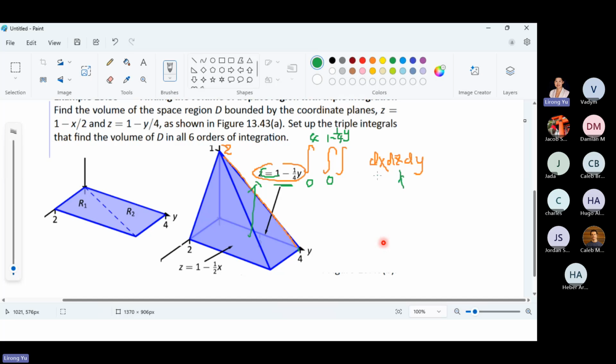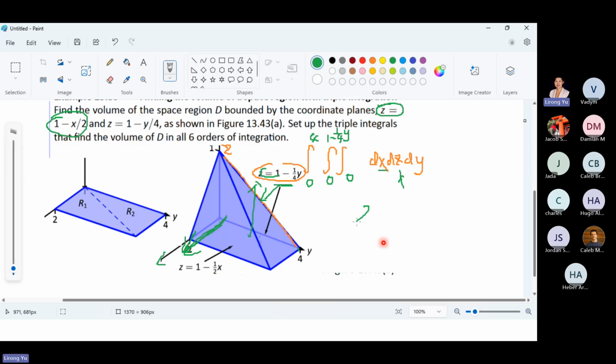And then lastly is the x value. This is our x-axis. Lower x is on this side, upper x is this side. So the lower x is in the yz plane, so it's 0. But the upper x is in here. You see that surface is represented by this equation, z equal to 1 minus x over 2.